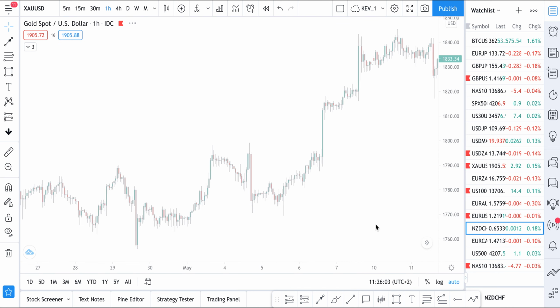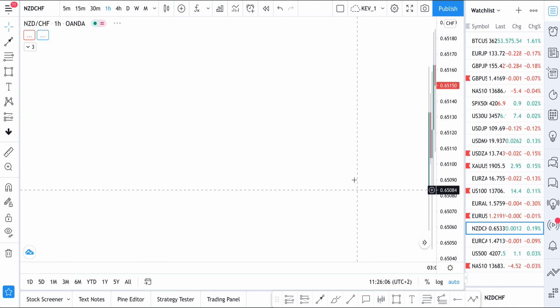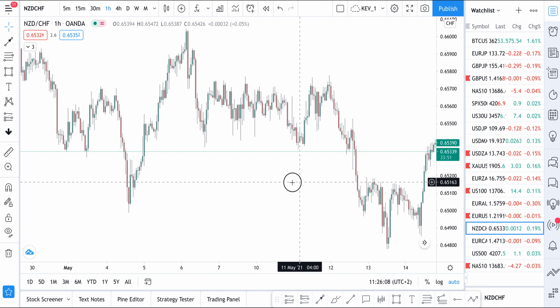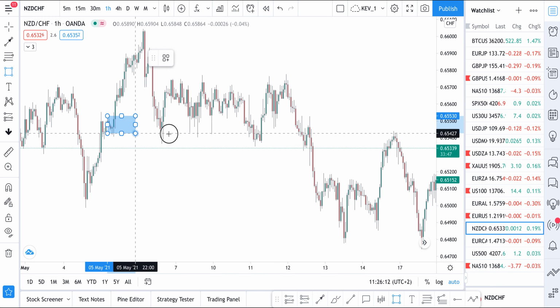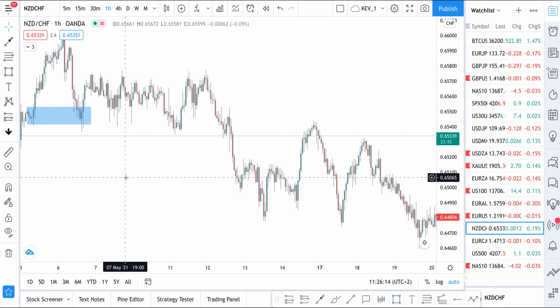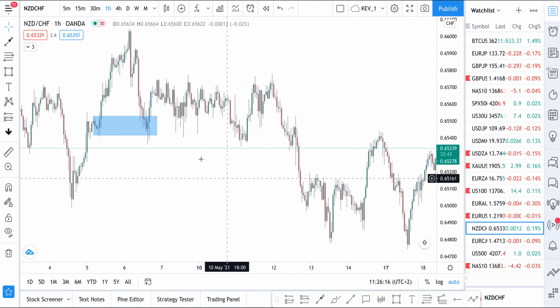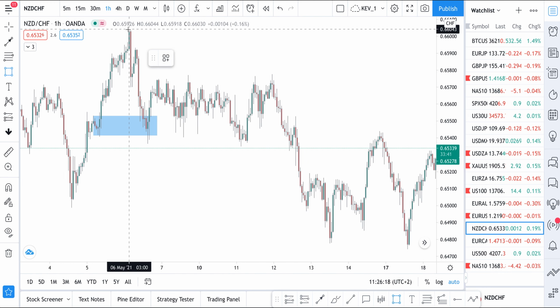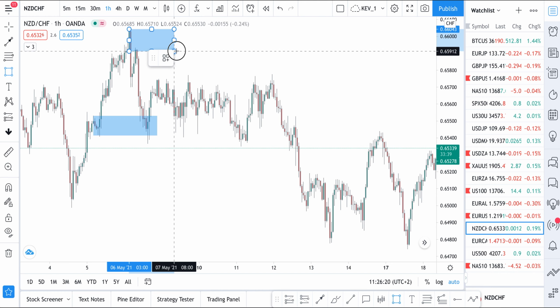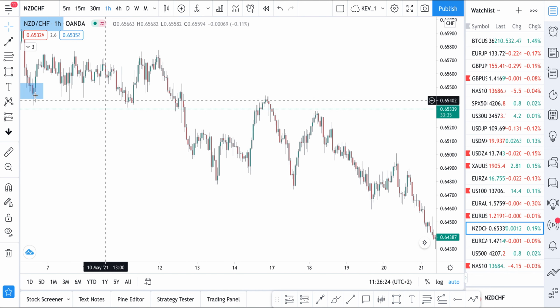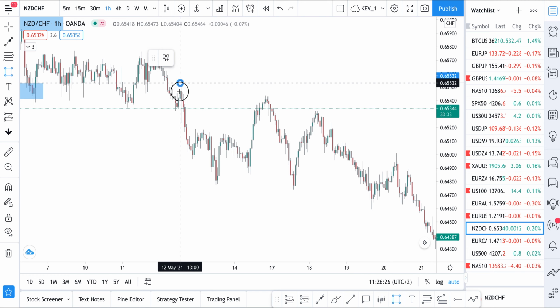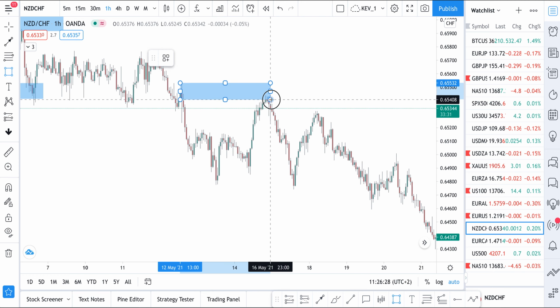You can even go down to the NZD franc. Immediately you are seeing demand zones that work. This was a nice demand zone. The market came back to that level. What happened? It dropped. This is a very nice demand zone. What happens when the market came back there?